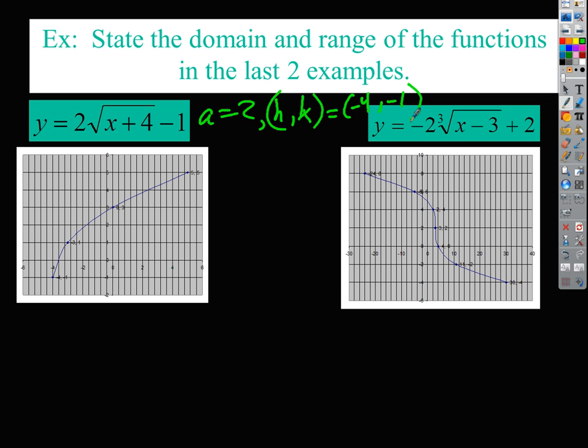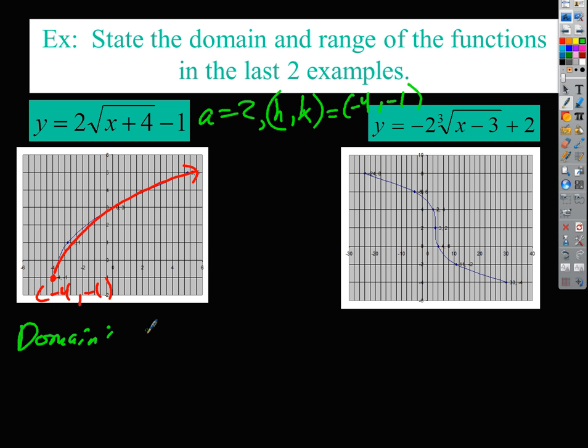If it's a square root function, we're starting at the point -4, -1, and we're scooting to the right and up. So based on that, if we're starting at the point -4, -1, and we're moving in the positive x direction and positive y direction from there, what is the domain going to be of this?